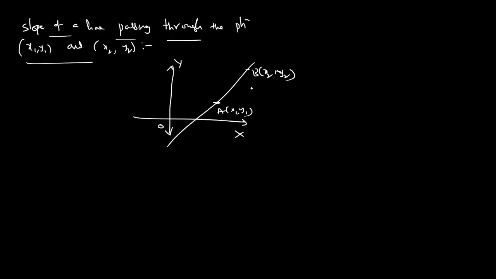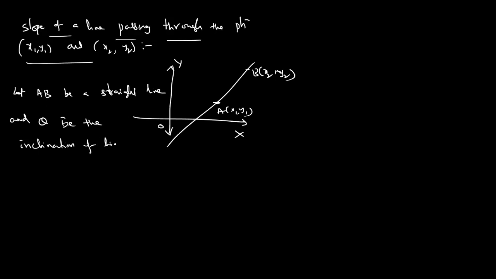That means AB is a straight line passing through these two points. Let AB be a straight line, and theta be the inclination of the line AB.